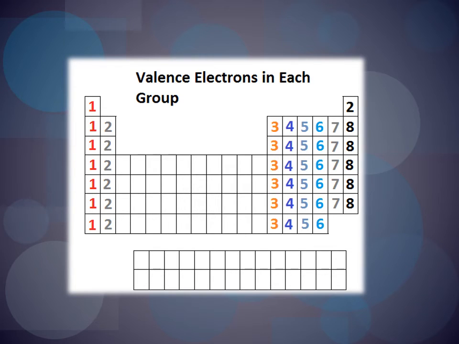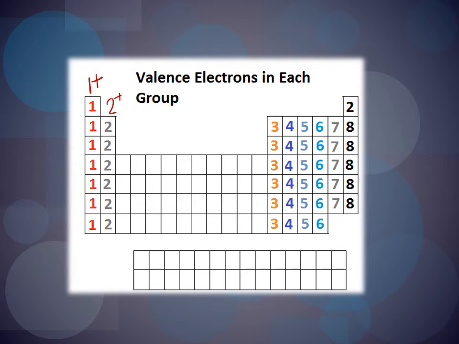It just tells you the number of valence electrons in each group, which means if there's only 1 valence electron in this group 1, then you're going to lose that 1 electron, so you're going to have a 1 plus charge. Here, you're going to lose these 2 electrons because there's only 2 electrons in your last shell, so you're going to have a 2 plus charge.